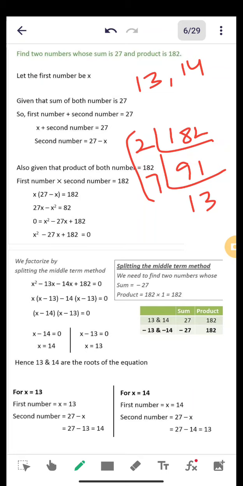So 13 into 14. This way we can easily find the factors by doing prime factorization. So 14 into 13 is 182, and 14 plus 13 is 27.